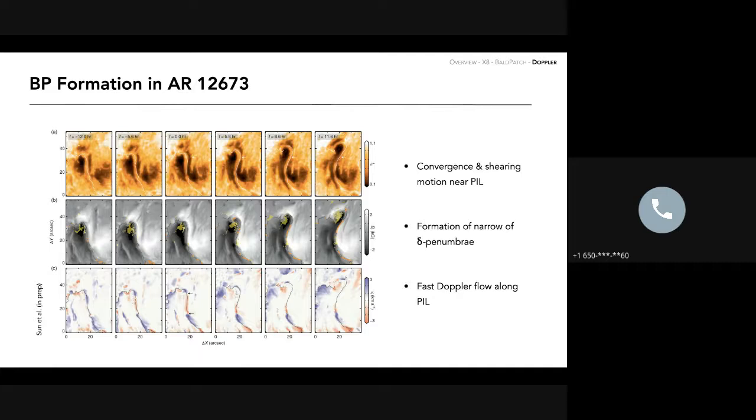The orange color shows you the bald patch. In the center, as you squeeze the two sides, you see the bald patch forming. And most interestingly, if you look at the third panel in the lower row, we see a very fast downflow shown as the red color. This is the fast Doppler flow. So in HMI, those fast downflows are in excess of 3 kilometers per second. Next slide, please.